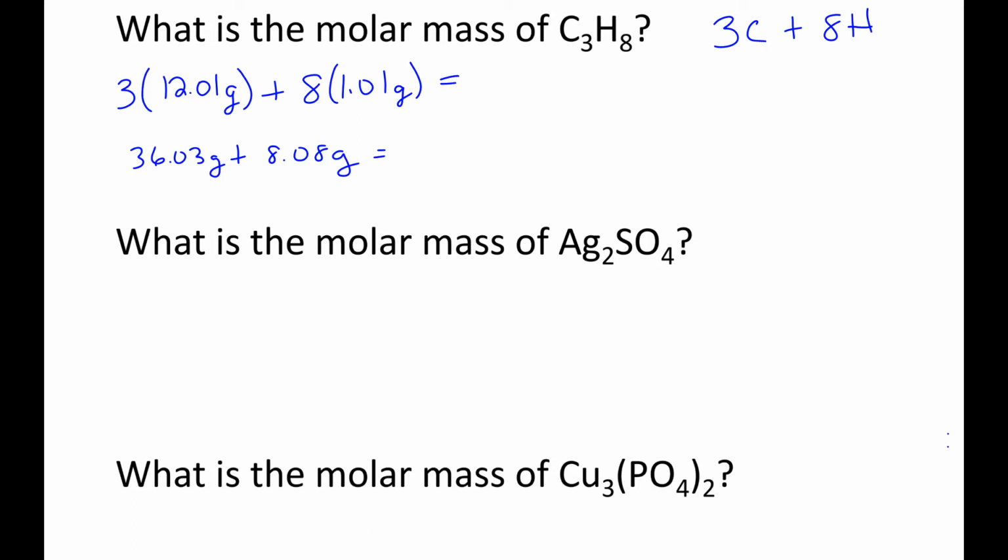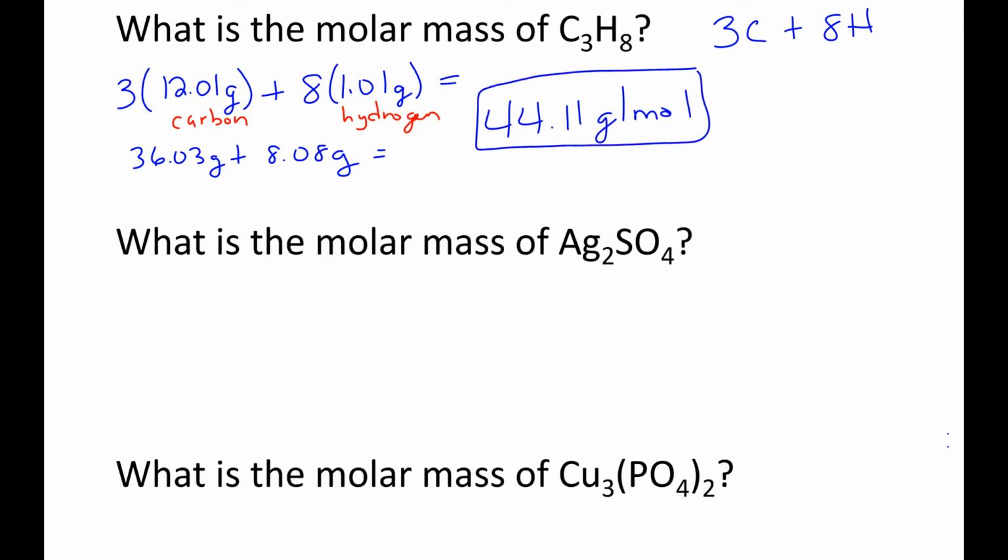By the way, the 12.01 is carbon, and we know 1.01 is hydrogen. We get these from the periodic table, just to make sure you know that. So 36.03 plus 8.08 is 44.11 grams per mole. That's my molar mass of propane, C3H8.